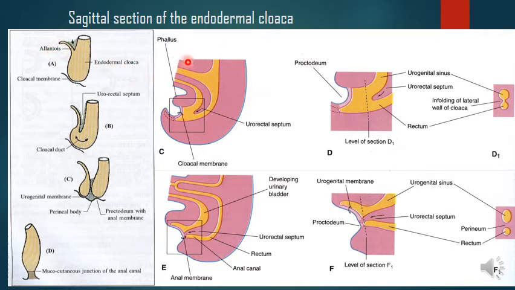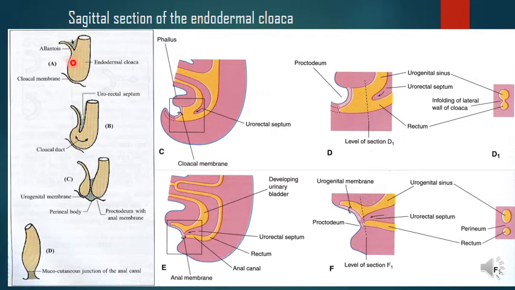The blue lines you are seeing here are the umbilical cord, right? This portion is the allantois, which extends towards the fetal end of the umbilical cord. This allantois divides the hindgut into a pre-allantoic part and a post-allantoic part.